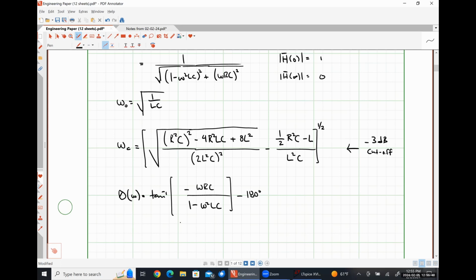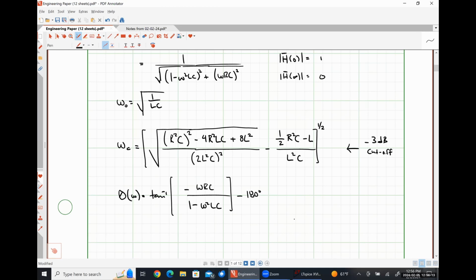Oops, I forgot to do the inverse tangent. I get -5.7295 blah blah blah times 10 to the -3. So something that's very, very small, close to zero, effectively.